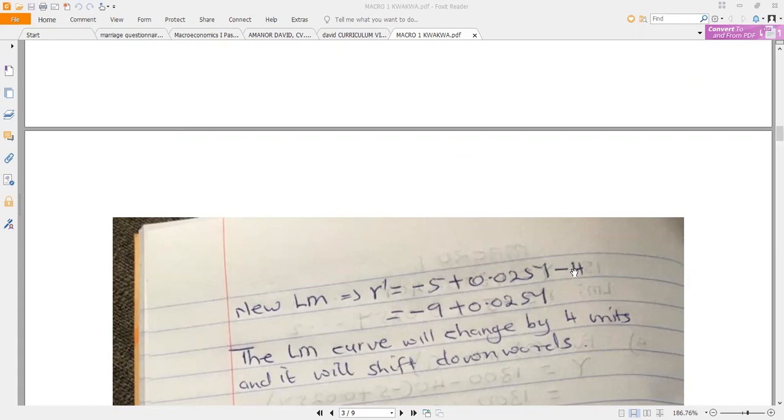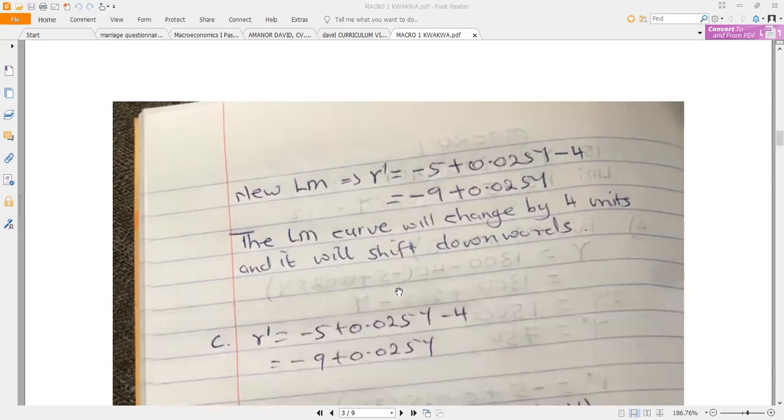So just add your -4 to that equation. The new LM curve is -5 - 4, which is -9, then 0.025y. This is the new LM curve.